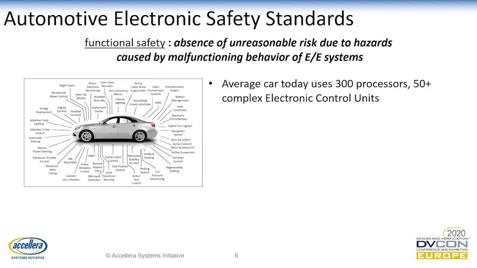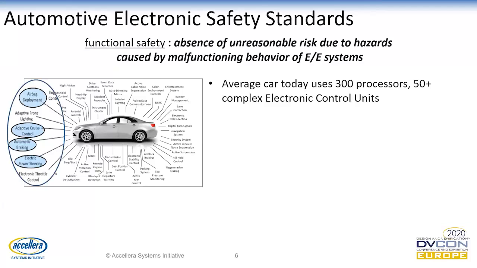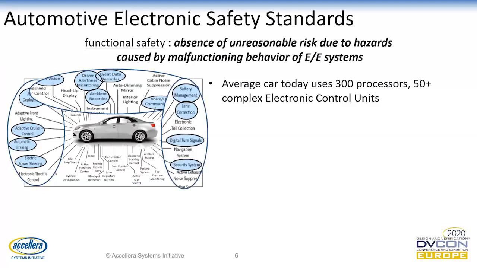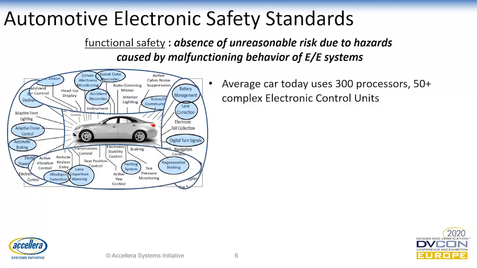An average car today uses 300 processors and 50 plus complex electronic control circuits. These circuits take care of very critical functionalities like airbag deployment, cruise control, automotive braking, driver alertness monitoring, accident recorder, battery management, lane corrections, security system, parking assistance, lane departure warnings, regenerative braking, etc. All this critical functionality is required to make sure the driver and the passengers are safe inside the car.